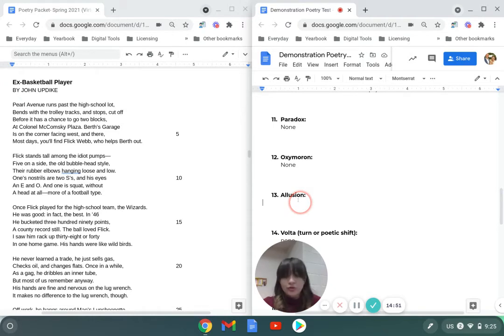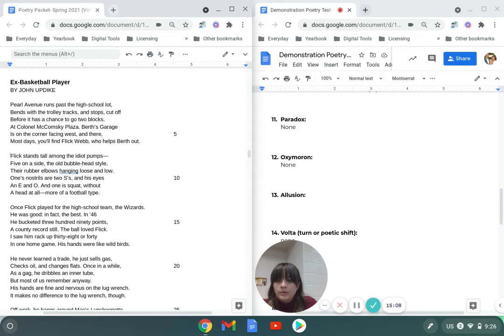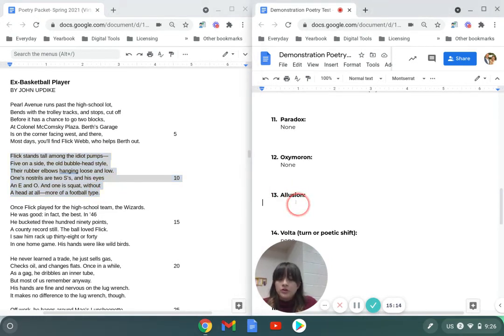Okay, allusion. You guys may not have gotten this, especially if you don't play basketball. The first time I read the poem, I'm not a basketball person. If you look at lines 7 through 12, basically this entire stanza is an allusion to a basketball court.